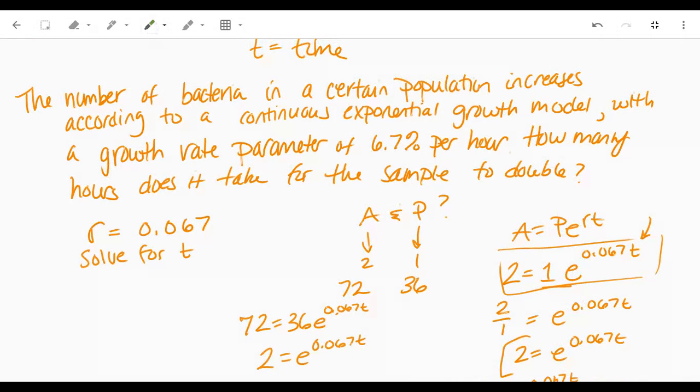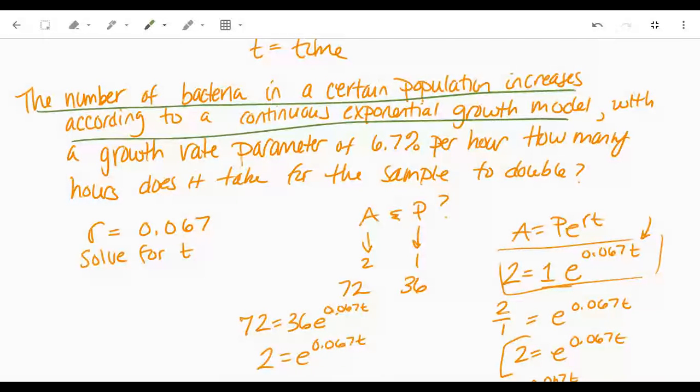The number of bacteria in a certain population increases according to a continuous exponential growth model. So let's go with the same. I don't want to have to write all that out here. Okay.